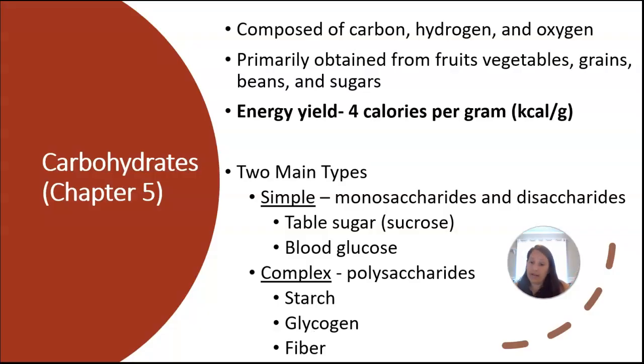And when glucose levels drop in our blood, this process is hormonally controlled, but glycogen will be triggered to break down to produce more glucose and release that to the blood. And we'll talk about that process. And then lastly, the last example of a complex carbohydrate here is fiber. Fiber is extremely important in our diets. And again, when we get to chapter 5, we'll talk more about the role of fiber.